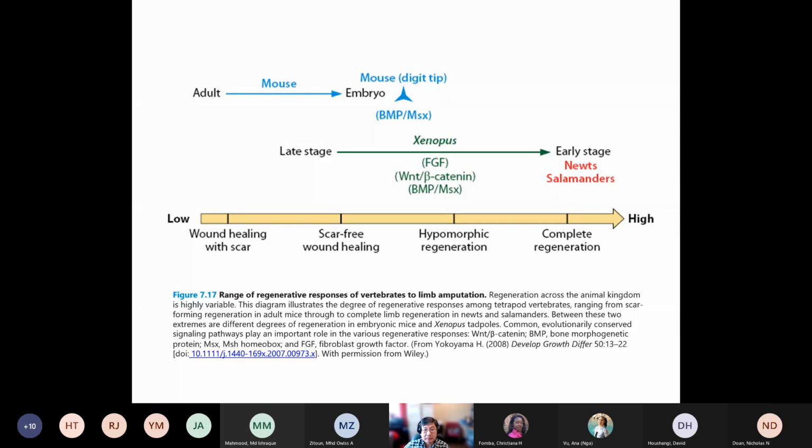And then next, along the range of the power of regeneration, you see hypomorphic regeneration. Hypomorphic regeneration means you will probably grow some part of the structure, but it is not comparable to the perfect case.